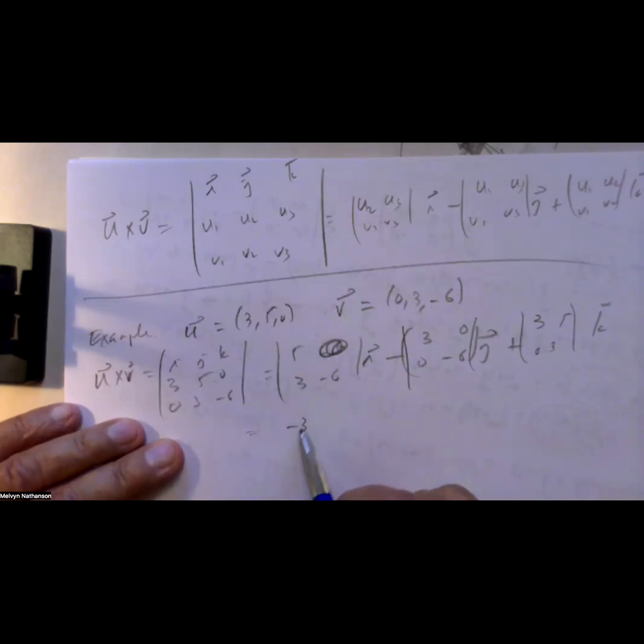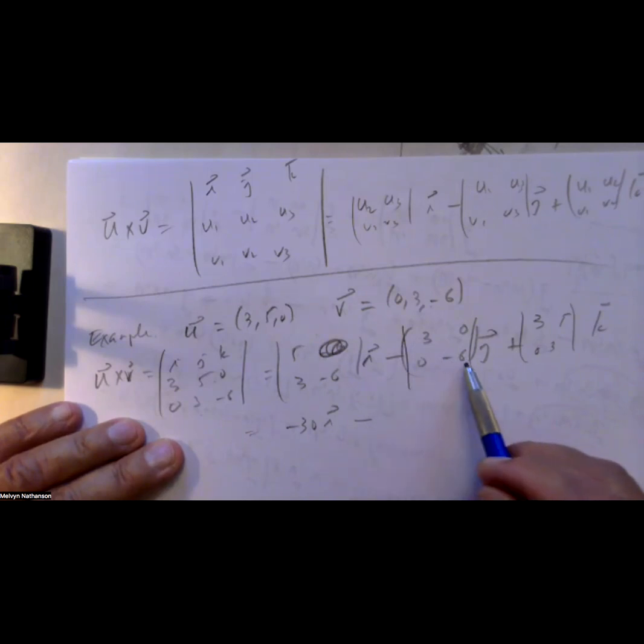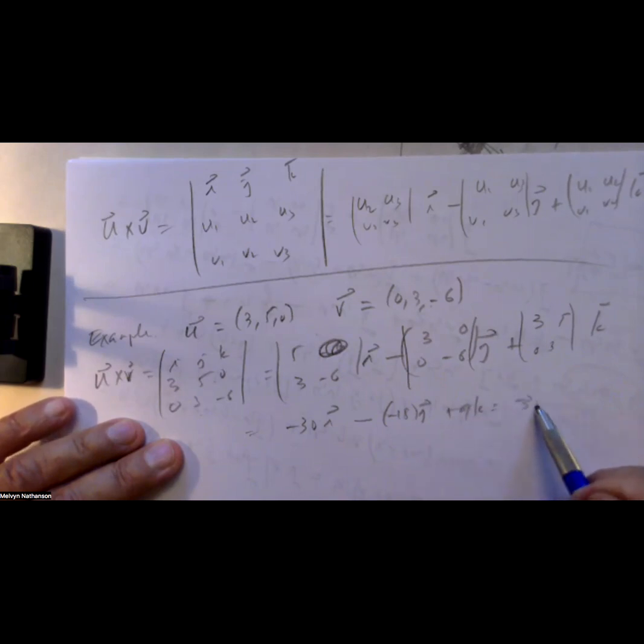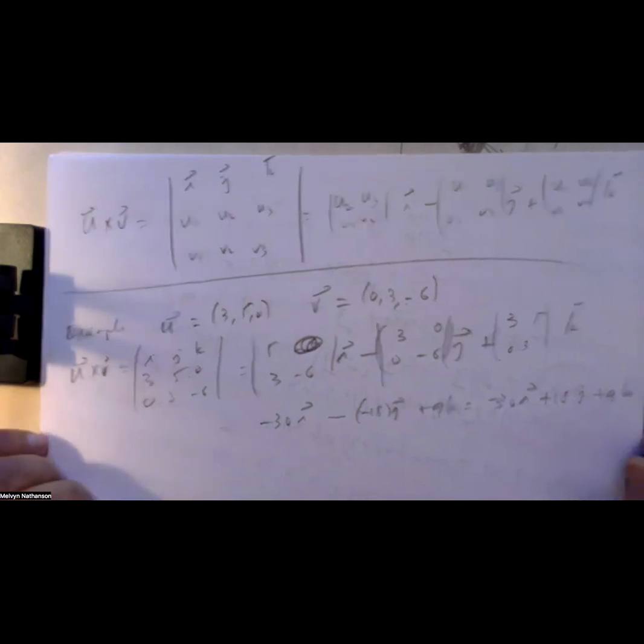This determinant is minus 30 i, minus, this is minus 18, and this is 9. So we get minus 30 i plus 18 j plus 9 k.